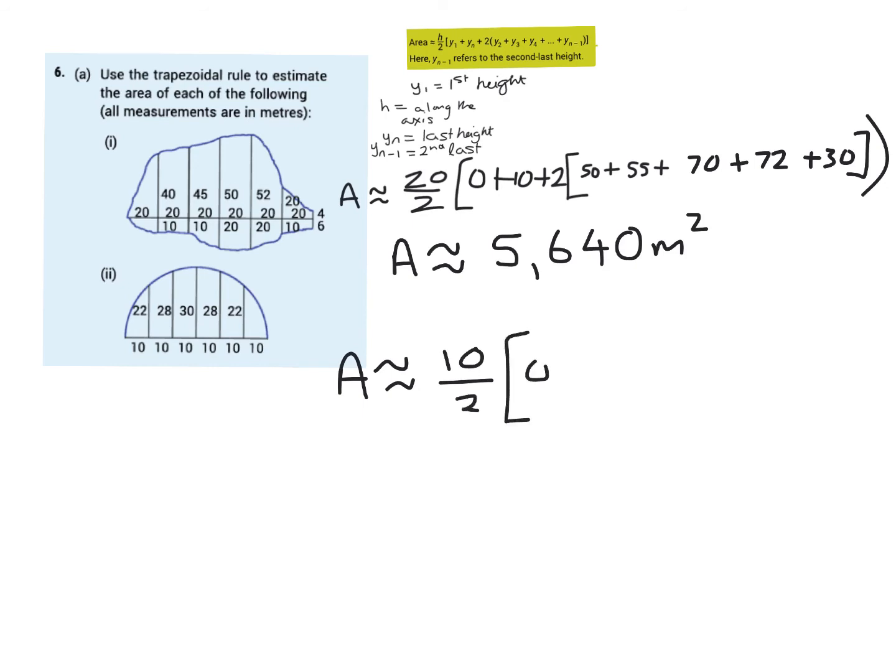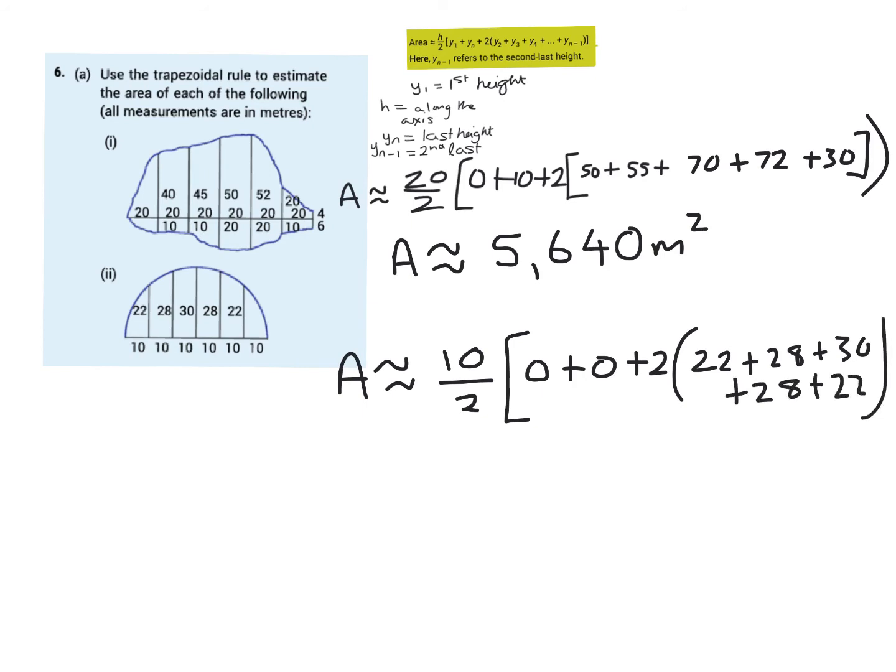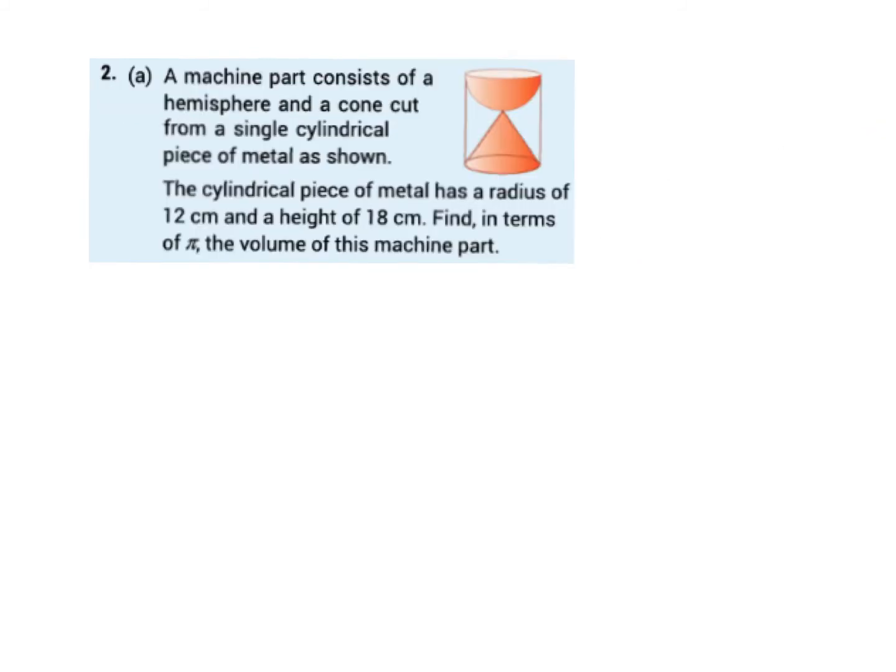Our first height is 0, our last height is also 0, plus 2 by, in this case we don't have to add anything here, so we just have 22 plus 28 plus 30 plus 28 plus 22, and again popping all of that into my calculator, I'm going to get 1,300 meters squared. Okay, so next question.